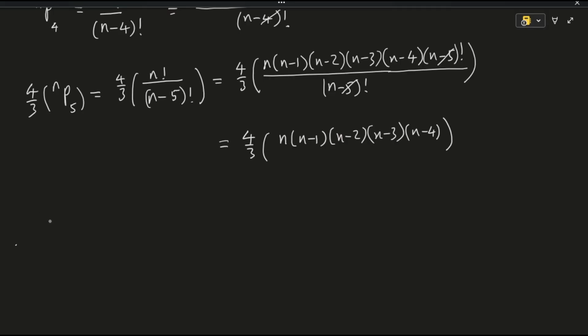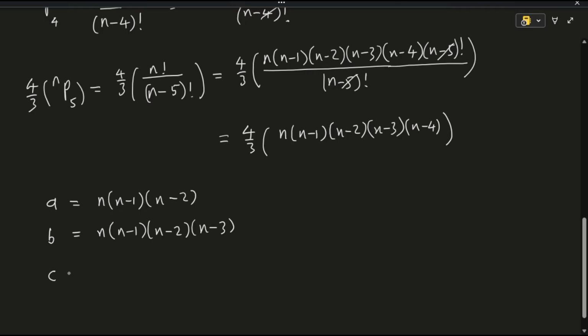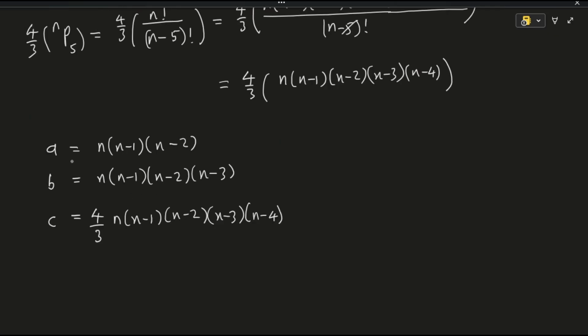So it means that our first term, which is A, is giving us n into brackets n minus 1, n minus 2. Our second term, which is B, is giving us, and our third term is giving us. So these are our first three terms.